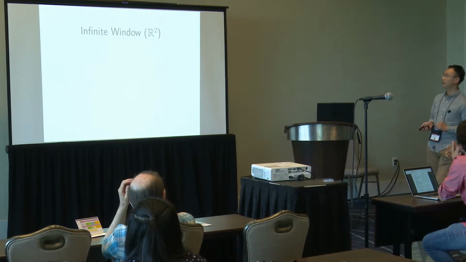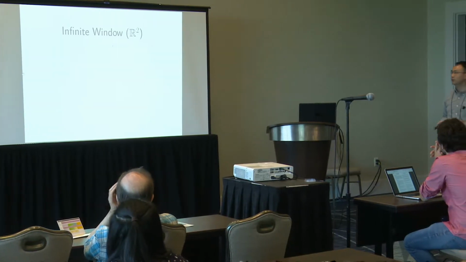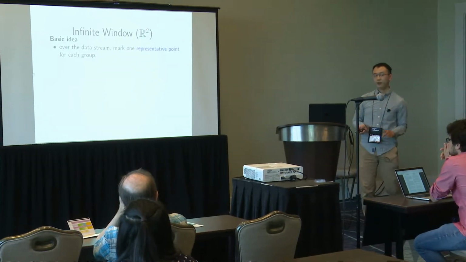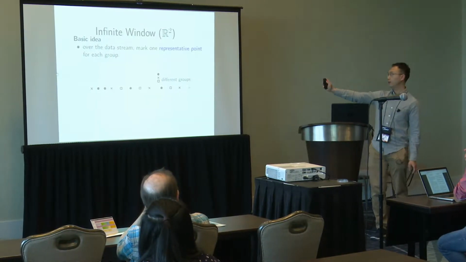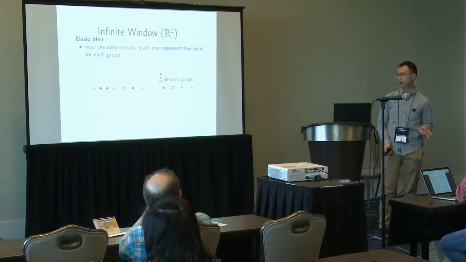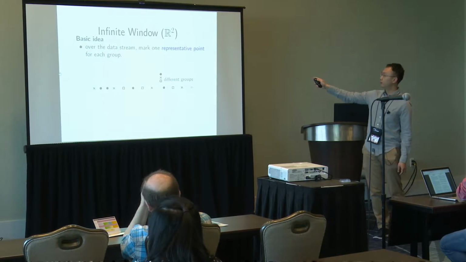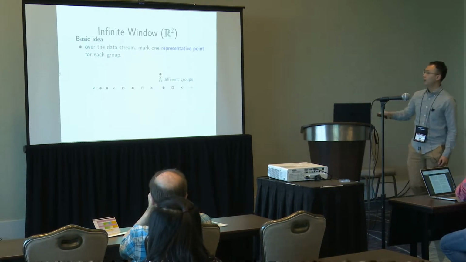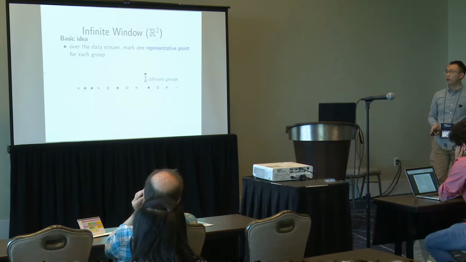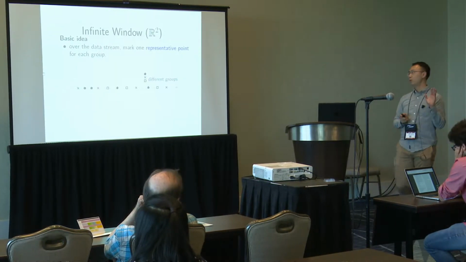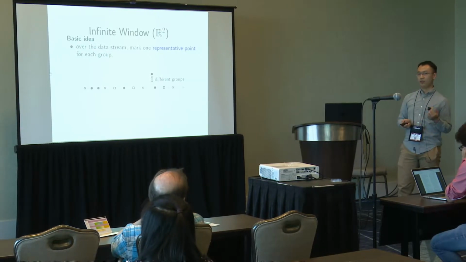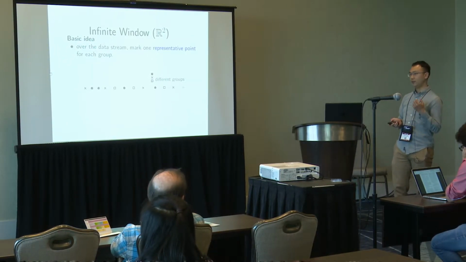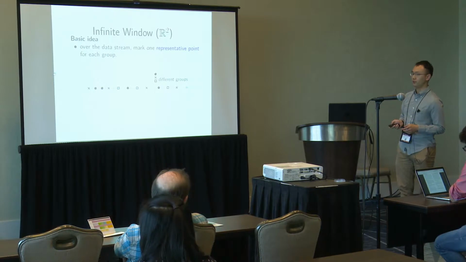Okay, let's get to the infinite window case. The basic idea is very simple. Here you have a data stream, and in our case we have 3 different groups, represented by different shapes. For each group, we mark one representative point, which we define as the data point that arrives first in this group.